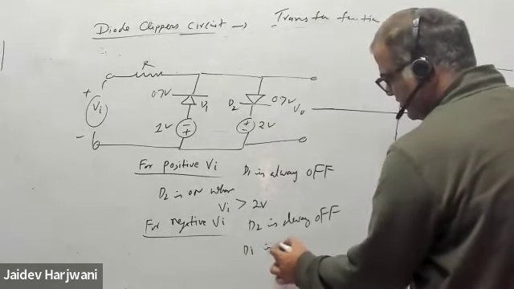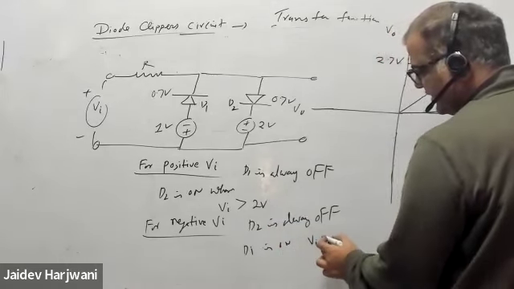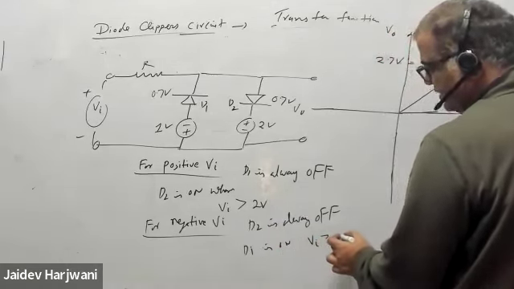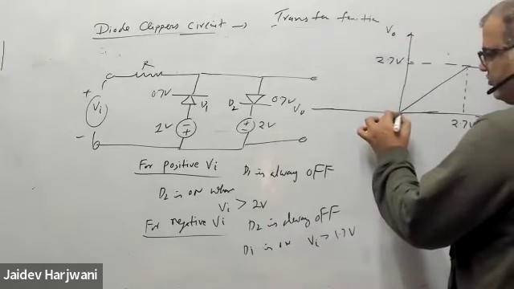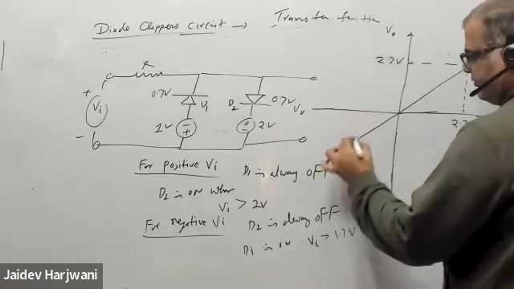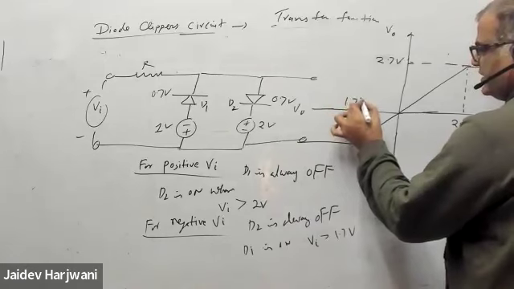D1 is on when V input is negative and greater than 1.7 volt in magnitude. So up to 1.7 volt, it will be like this, and beyond that it becomes fixed at minus 1.7 volt.